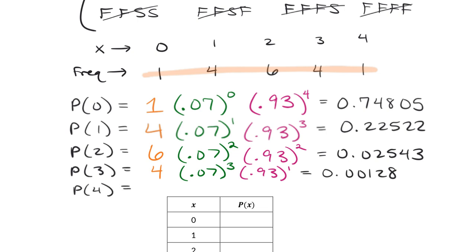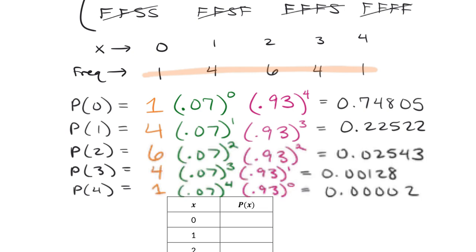And last but not least, the probability that we find all 4 having O negative would be 1 multiplied by 0.07 raised to what power? Well, all 4. 4. And our failures would be raised to what power? 0, because we had no failures if they're all successes. This would be 0.00002.